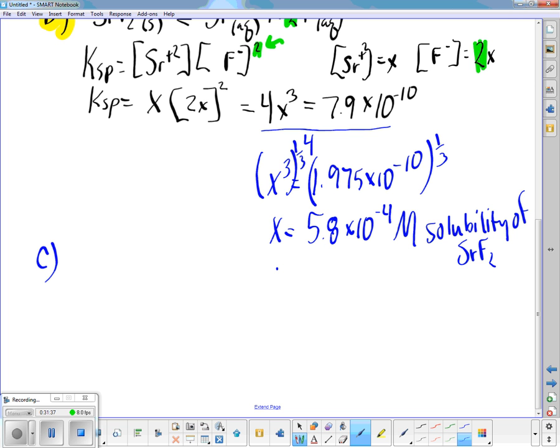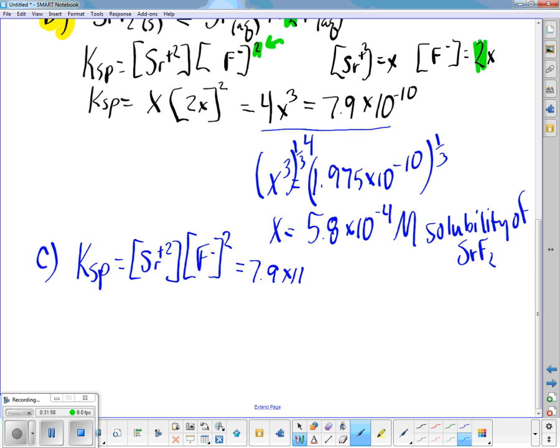So we had the KSP of strontium fluoride was equal to 7.9 times 10 to the minus 10. And they gave us strontium.